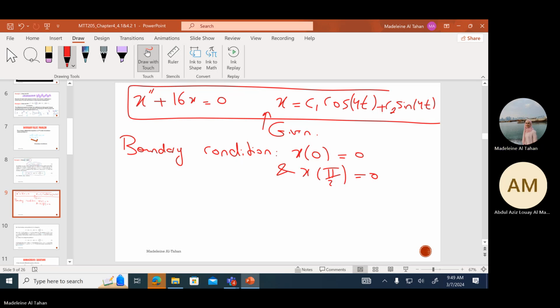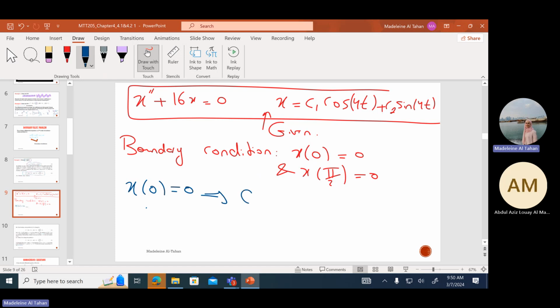Can we start with this one? So 0 equals 0.